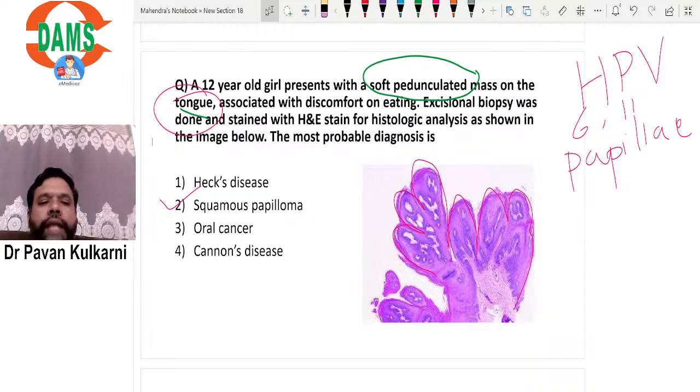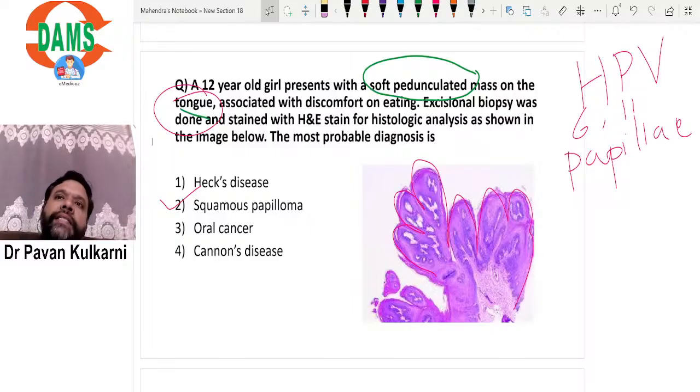Okay, so that is the question. Now, for your information, in the coming week you will get a PDF on the DAMS eMedico app, which will be a compilation of all the histological images.